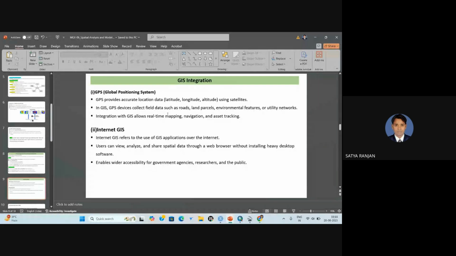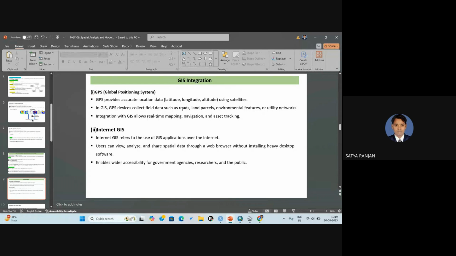Then Internet GIS, which refers to the use of GIS applications over the internet. A user can view, analyze, and share spatial data through a web browser without installing heavy desktop software, and it enables wider accessibility for government agencies, research, and the public.